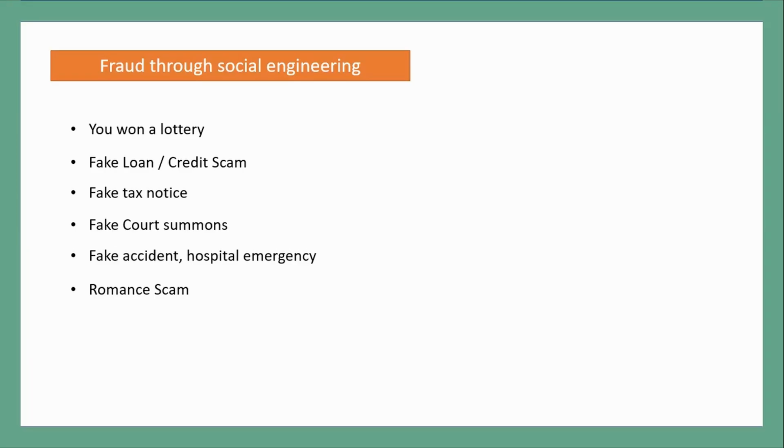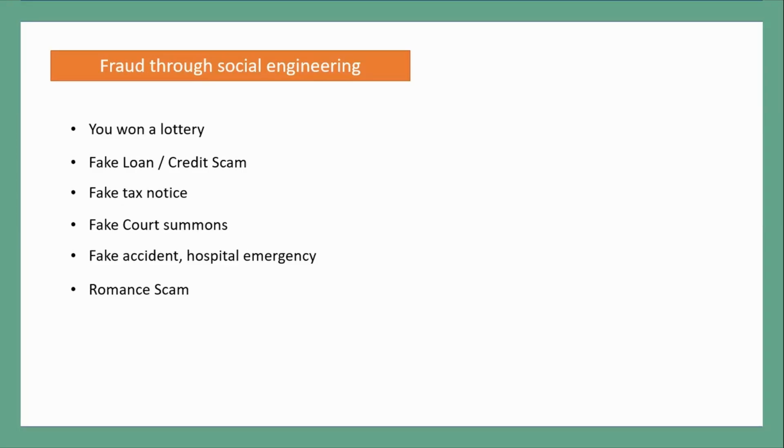Or it could be a romance-based scam where the victim meets someone on a social media platform, a person of the opposite sex, and falls in love. And after some time, that person starts demanding money, and the victim, being in love, starts transferring money to that person, and after some time that person, that fraudster, runs away.